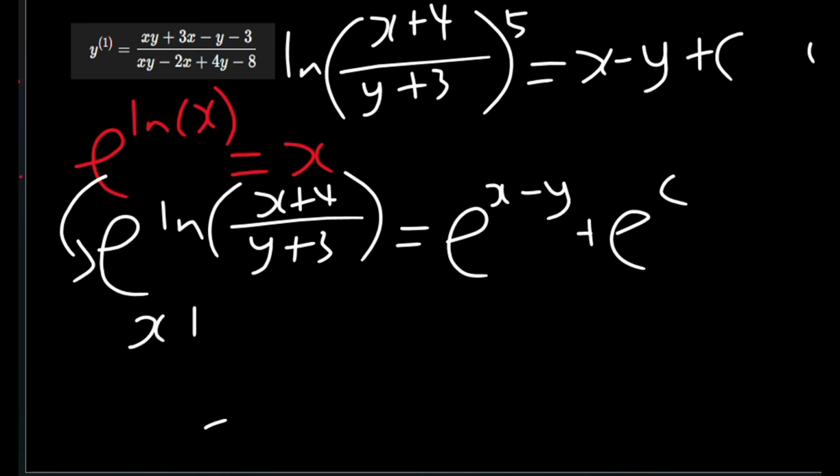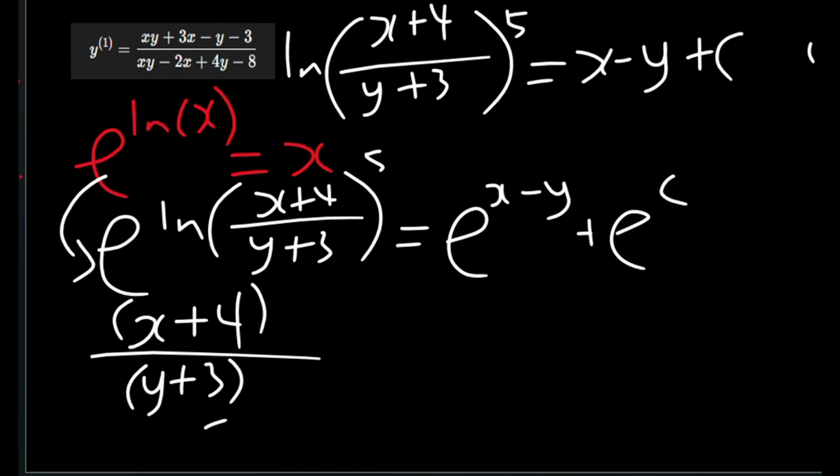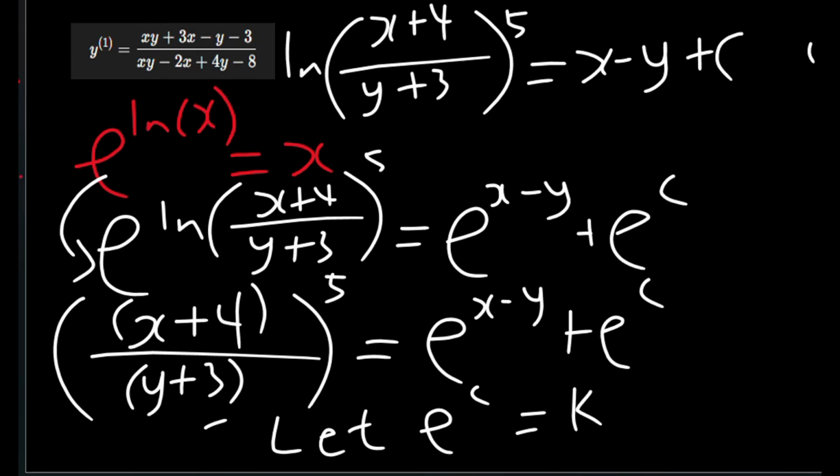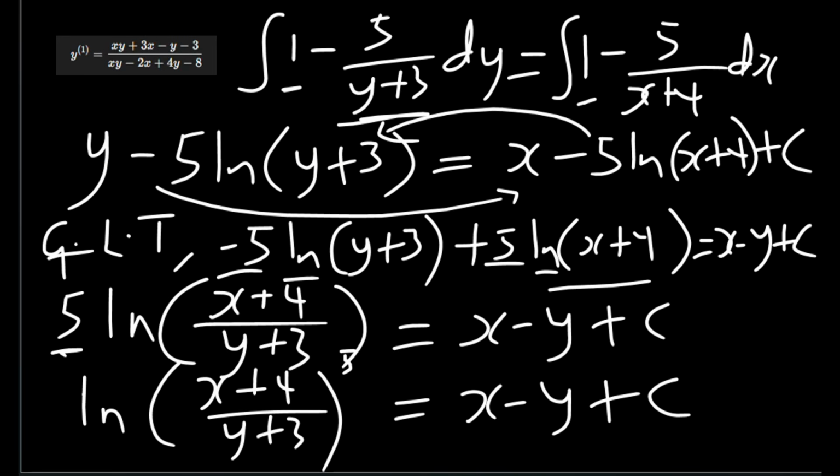So this is going to give us ((x plus 4) over (y plus 3)) all to the power 5 is equal to e to the power x minus y plus e to the power c. So you know that I said if it's adding, you multiply. So now we say that let e to the power c be equal to k, or you can call it c1, or any letter you want to use, but I'd advise you go for c1 or k.